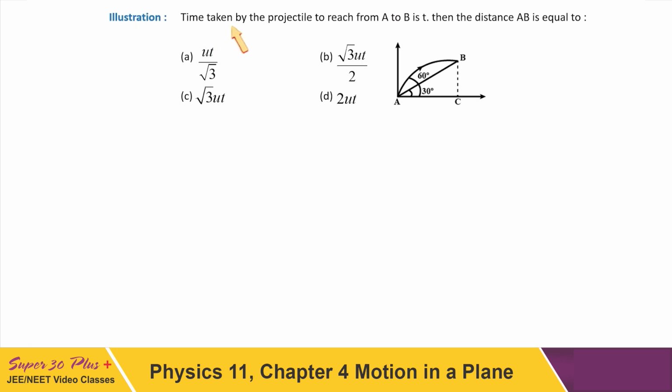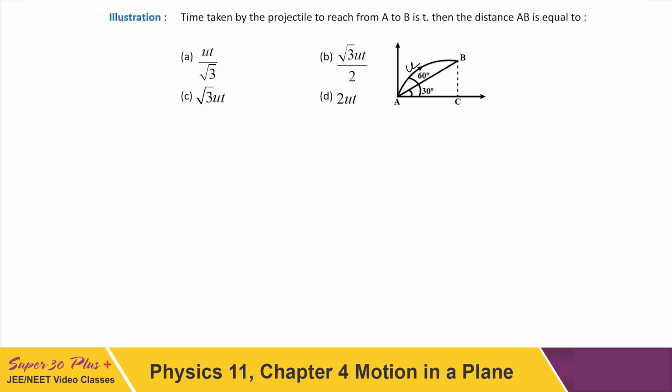Time taken by the projectile to reach from A to B is t. Then the distance AB is equal to. As you can see, it is the case of projectile motion on an inclined plane. So to calculate the value of AB, first let us write what is component of projection velocity, that is u, in the horizontal direction.